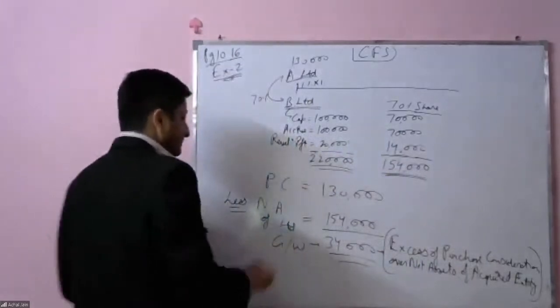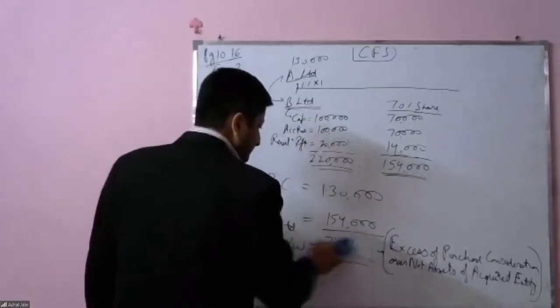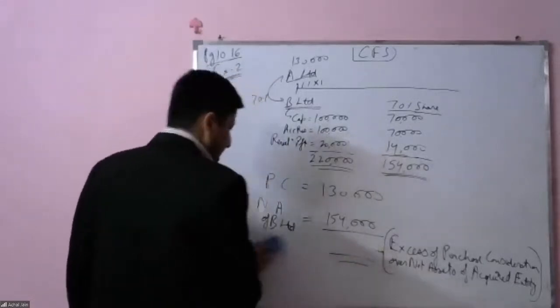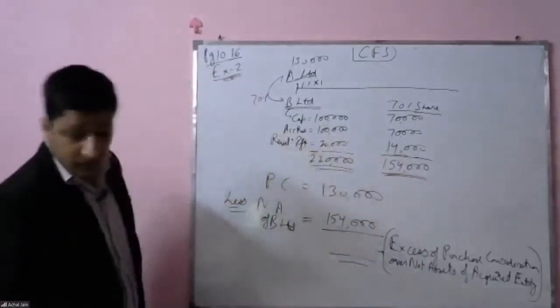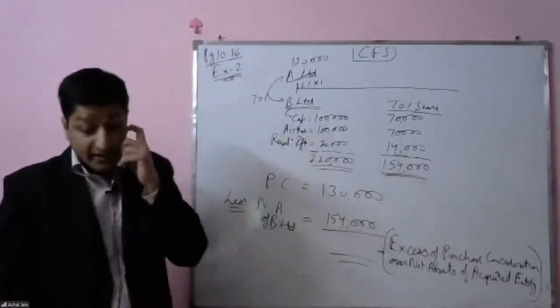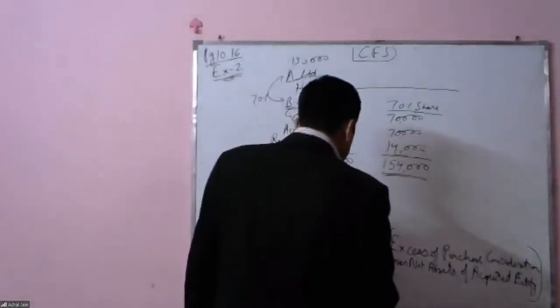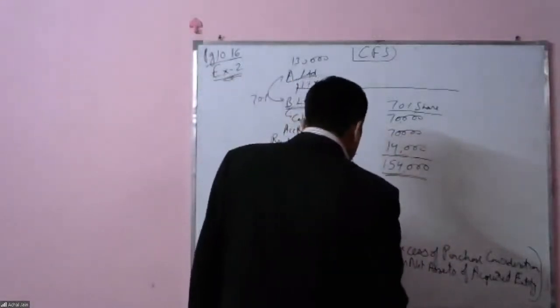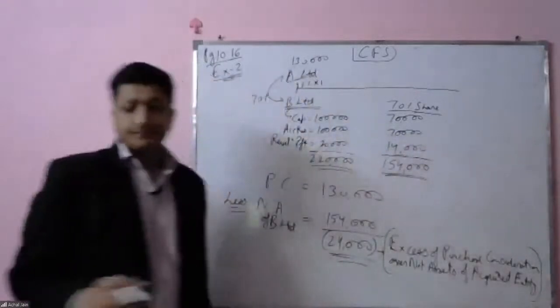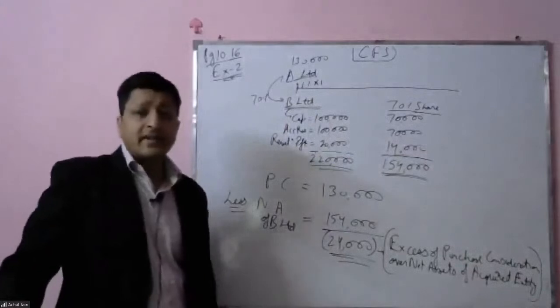This is B. So now this amount will not be positive. This will be negative. So what's the amount? 24,000 negative. Correct? This is 24,000 negative.